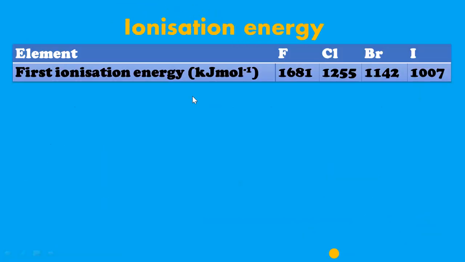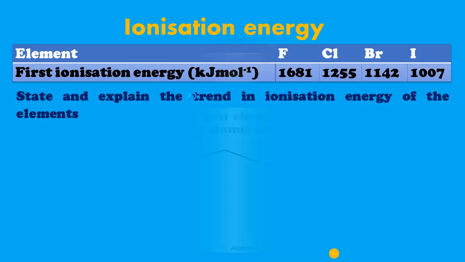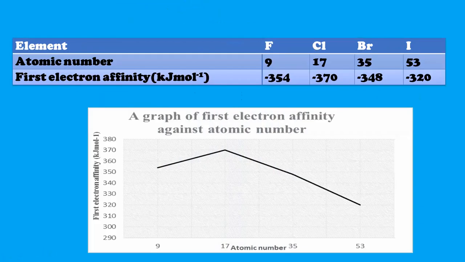I told you to read about first ionization energy. We looked at first electron affinity in detail, and I told you should be aware of how to plot a graph of first electron affinity if required, and explain that variation with the anomaly that occurs for fluorine.